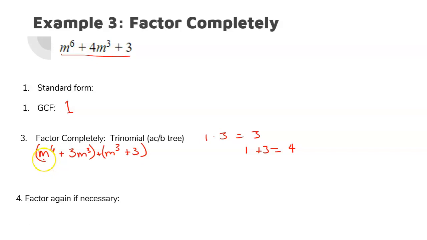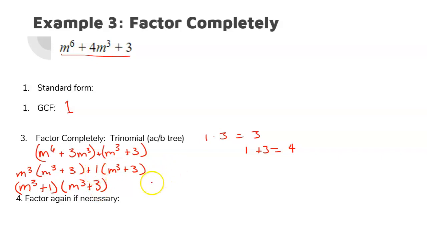And in my first set, I can factor out an m to the 3rd, which gives me m to the 3rd times m to the 3rd plus 3. And that is going to be plus a 1 times m to the 3rd plus 3. Now I can regroup my terms. m to the 3rd plus 1 times m to the 3rd plus 3.